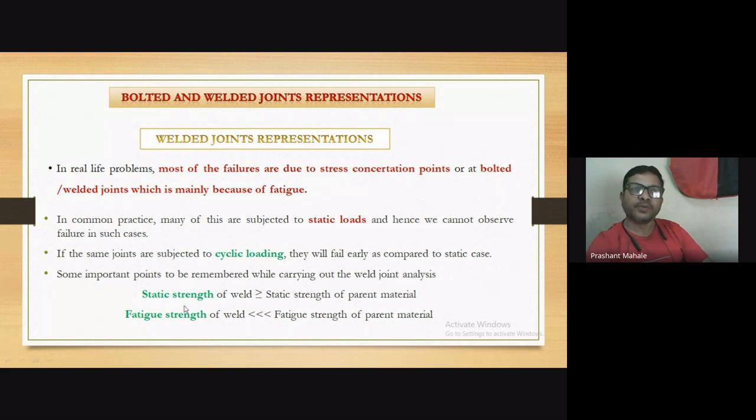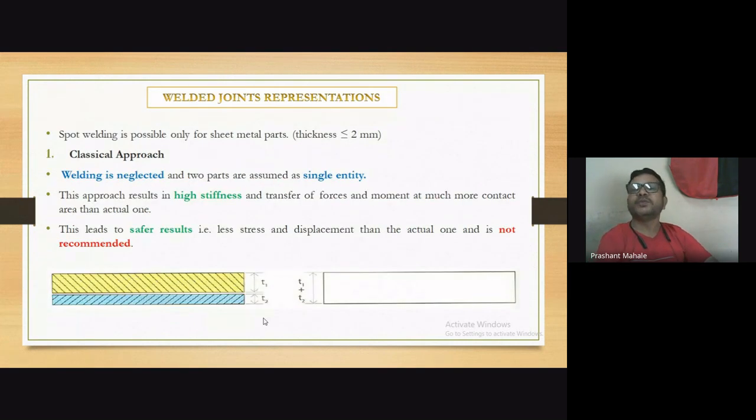The static strength must be more for the weld, otherwise how is it going to hold them? And the fatigue strength of the weld is much less than the fatigue strength of the parent material. It is a drawback of weld actually. When we keep these two things in mind, we can go for the representation.